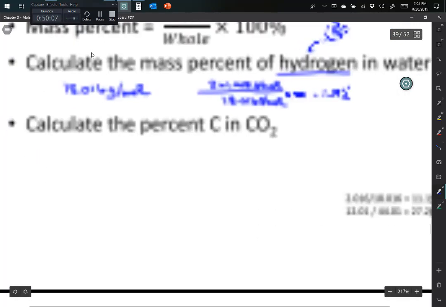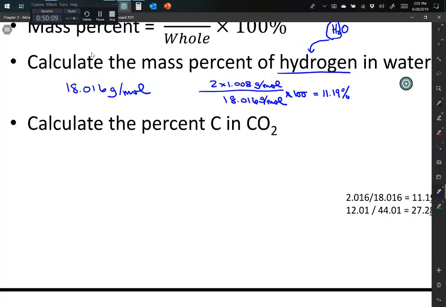A little side note that's super helpful, and I don't know why, but it is. If you memorize the molar masses of hydrogen, carbon, nitrogen, and oxygen, every time you see them, you don't have to think, what is that? And every time you have to use them, you don't have to look it up. You use carbon, nitrogen, oxygen, and hydrogen in so many compounds that it saves you a few seconds every time, and if you do it 1,000 times, that's a few thousand seconds saved.